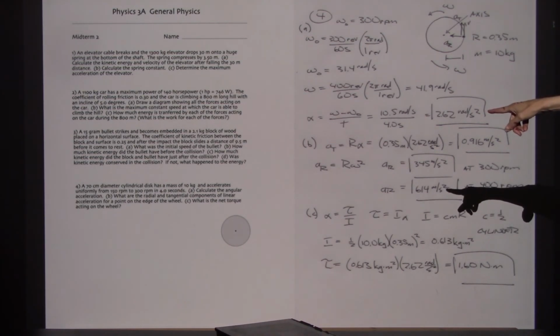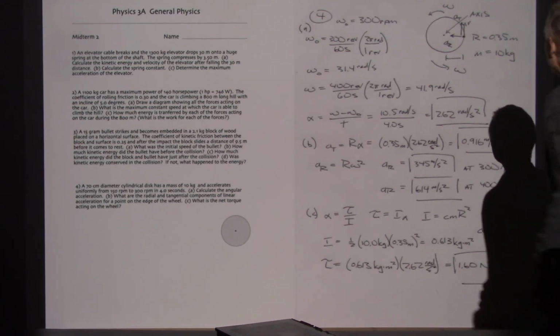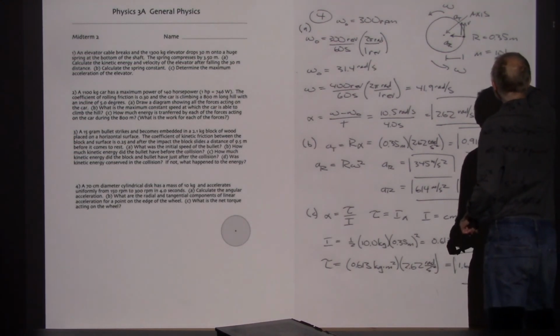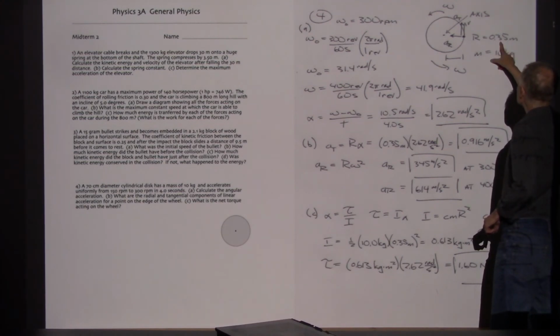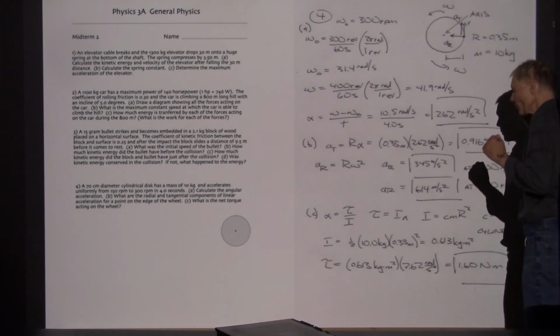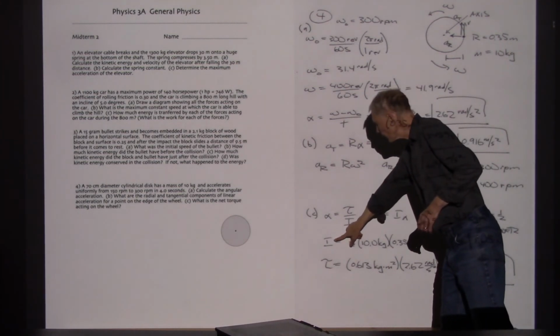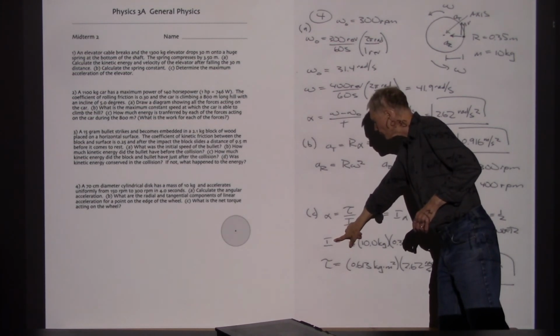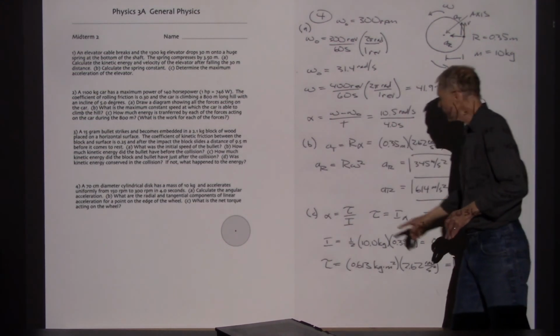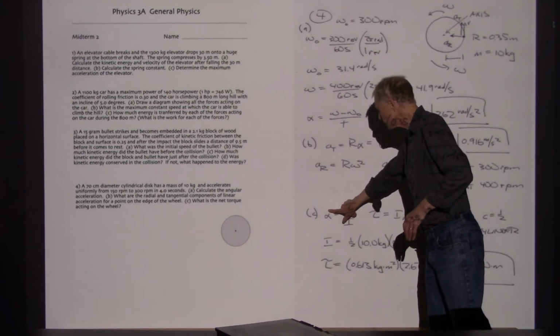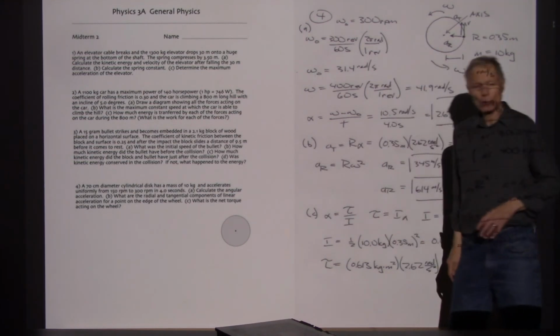Last part C, what is the net torque acting on the cylinder? So we're told that this is a cylinder, and it's got a mass of 10 kilograms, it's got a radius of 0.35 meters. That's enough. I can go in and calculate a rotational inertia. Now, the acceleration that's happening is happening as a result of a torque.